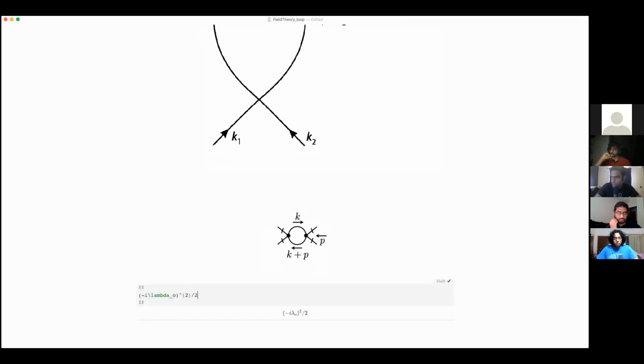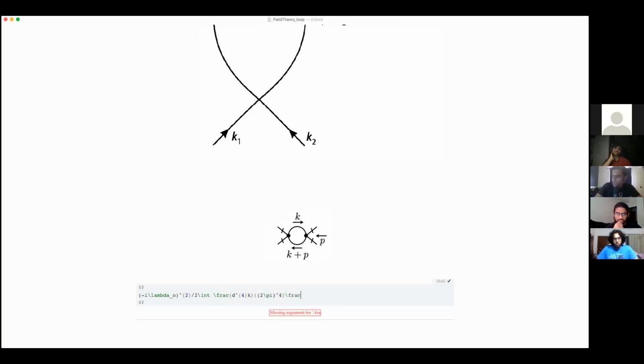And then this is going to be divided by 2. And then I'll have my integral. The only integrated momentum is k. And then I have 2 pi to the 4th power. This is just the Fourier transform.